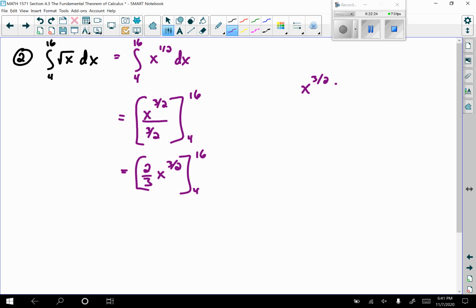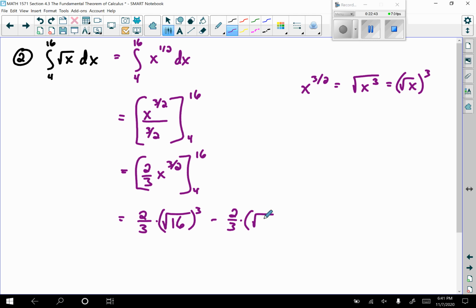Now remember, x to the 3/2 is the same as the square root of x cubed, or we could write it this way. So we're going to get 2/3 times the square root of 16, we can write it this way, cubed, minus 2/3 times the square root of 4 cubed.